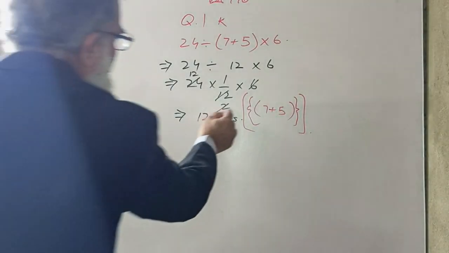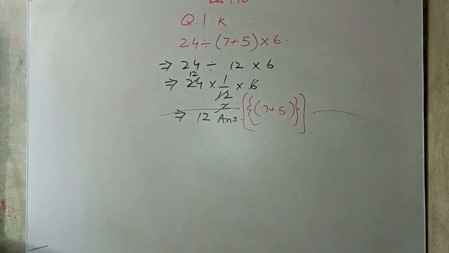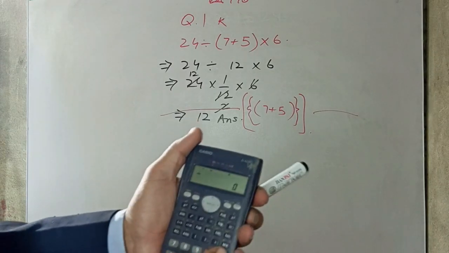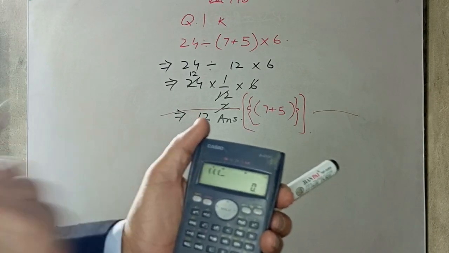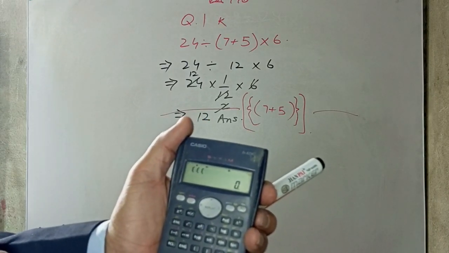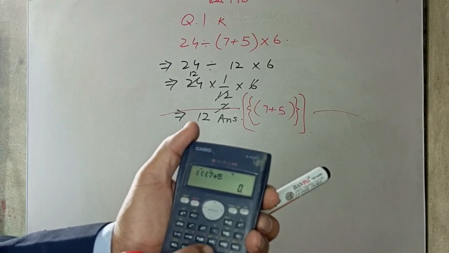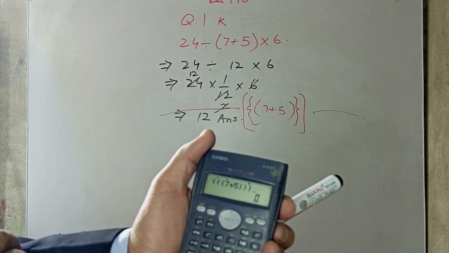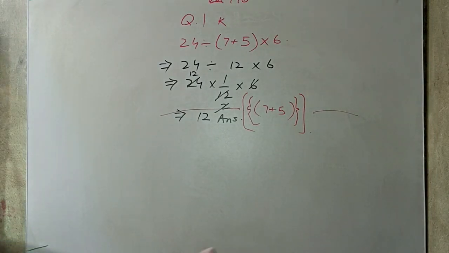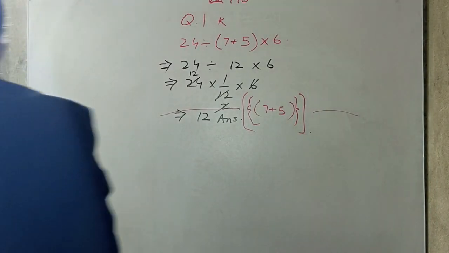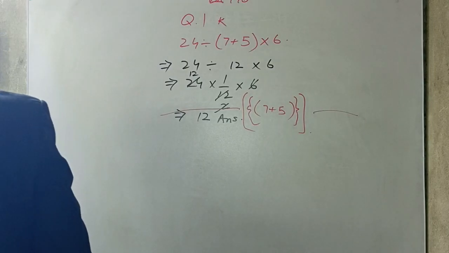You see, 1, 2, 3 brackets have been displayed on the screen, and then you will add 5 and then close the three brackets again. So this is very simple with the calculators. I think we need not do these questions with a calculator.